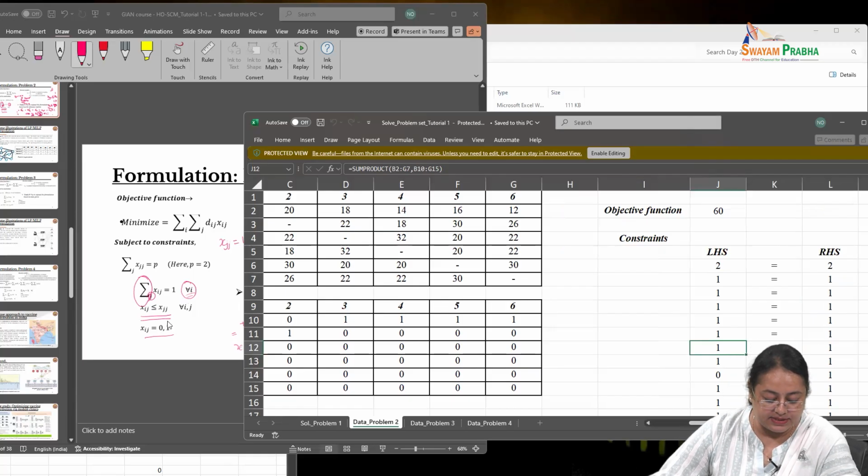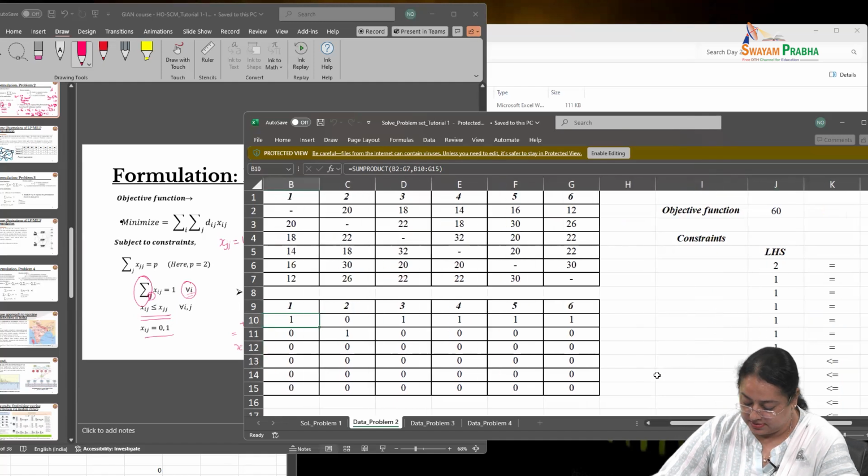What is our next constraint? Xij is less than or equal to Xjj. So you have to put, you see here, all these cells.